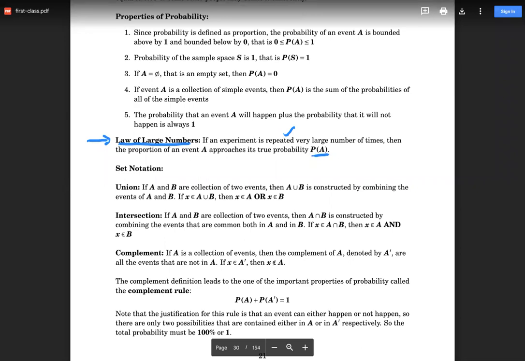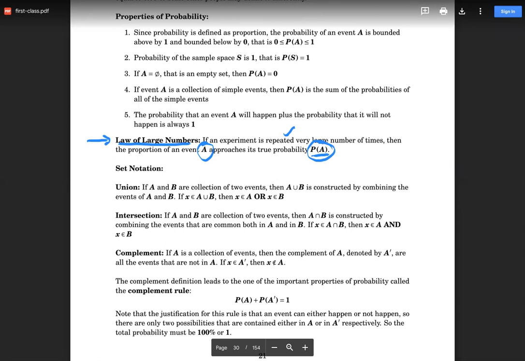Remember the example I gave you? If you toss a coin 100 times, 1,000 times, 10,000 times, 100,000 times, 1 million times, 10 million, 100 million, 1 billion, 10 billion, 100 billion, a trillion, whatever, if you keep repeating the process a large number of times, the proportion of times that event A happens divided by the total number approaches the actual probability of the event.